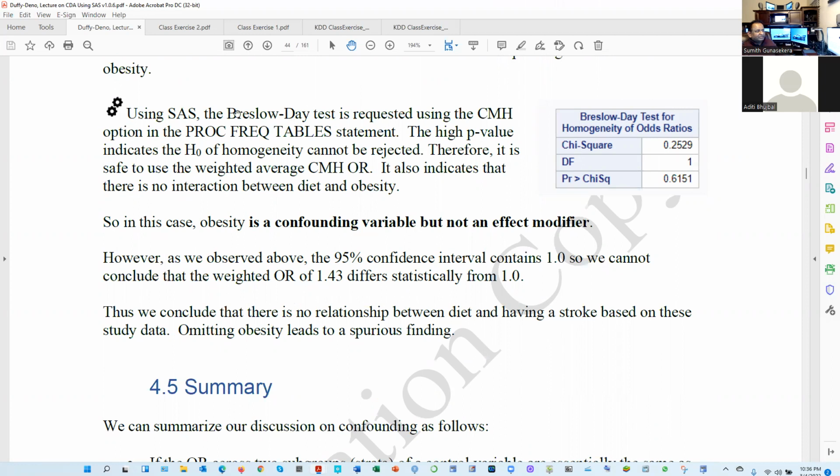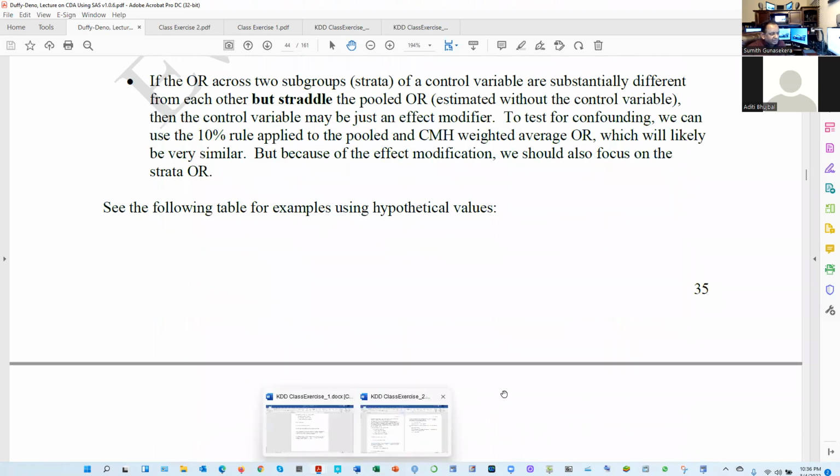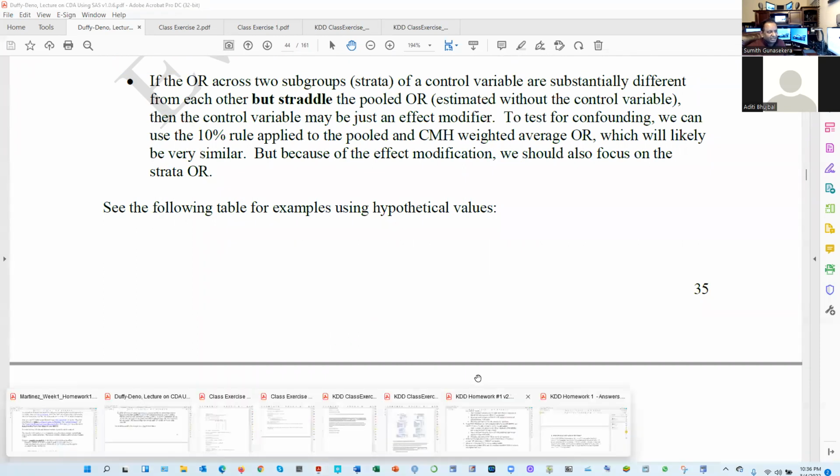So we have another test too, the Breslow-Day test. We can talk about that one too. Roughly like that, but we can add more to this later. Stick with the deadlines.